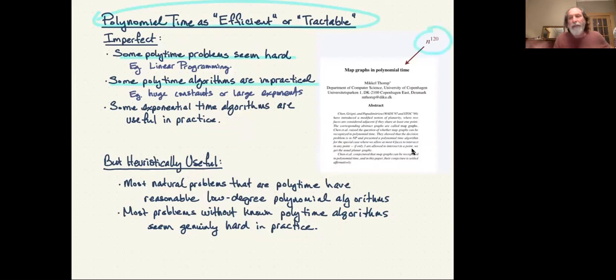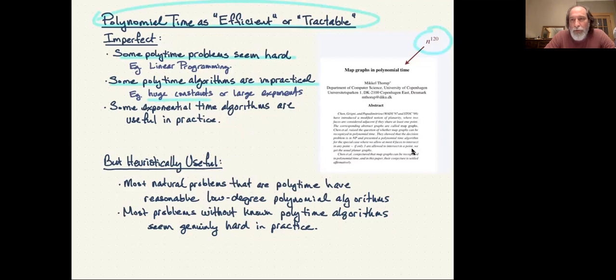This is a paper, I haven't read the paper, but it gives a polynomial time algorithm that's n to the 120. So that's a ridiculously large exponent. It's probably not going to be of any use unless n is always going to be smaller than 10 or something, pretty small.